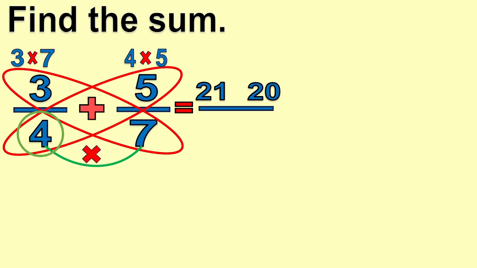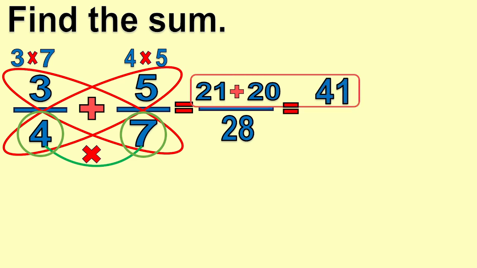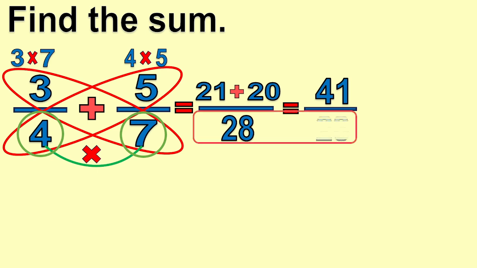We have here 4 times 7 equals 28. Now, add the product of the diagonal pairs of the numerators and denominators together. We have here 21 plus 20 equals 41. Copy the denominator 28. So the answer is 41/28.